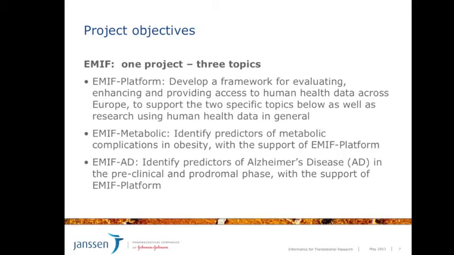I'll talk a bit more about Alzheimer's disease because that's what I'm personally involved with as well, and that I know best. So in Alzheimer's disease, the current scientific state-of-the-art for treatment is basically symptomatic. By the time a patient is diagnosed with Alzheimer's disease, the disease is so far progressed that treatment is no longer really possible.